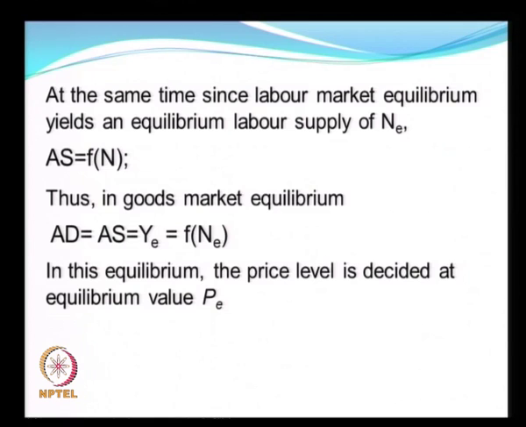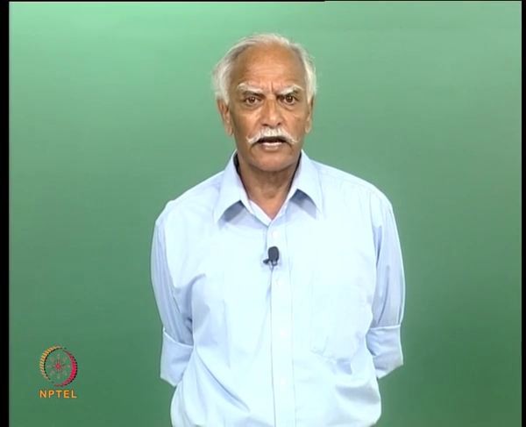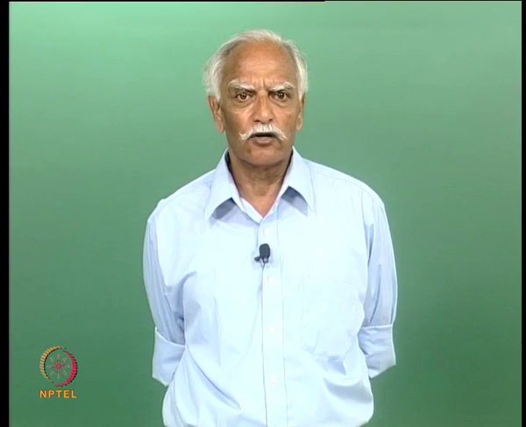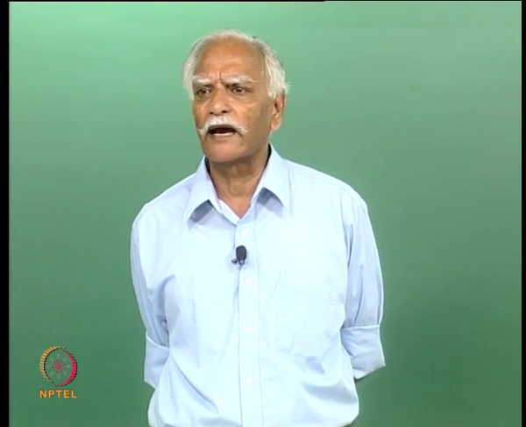So, they can be real or nominal prices, as we shall see when we are talking about the money market next. But at this point of time, these prices can be real prices or nominal prices, but they are equilibrium prices at which aggregate demand equals aggregate supply.